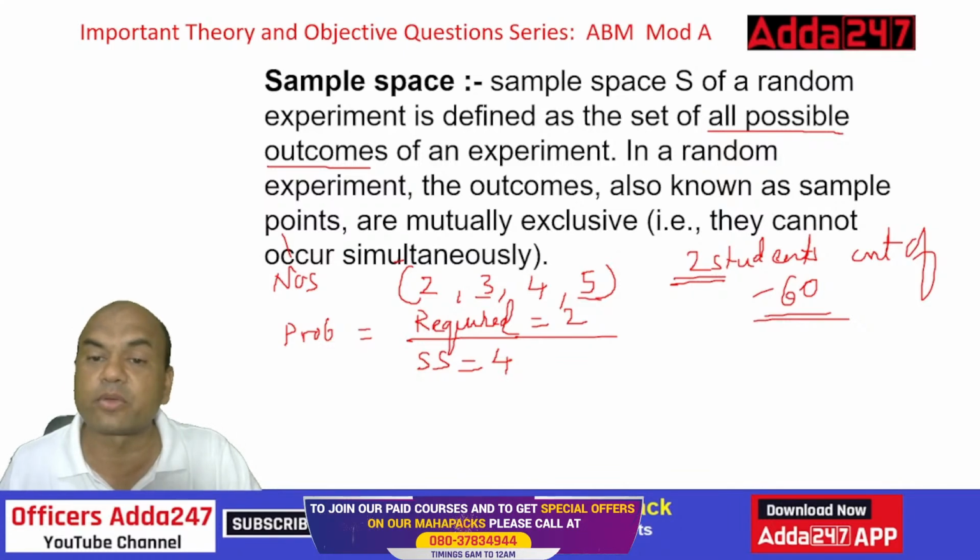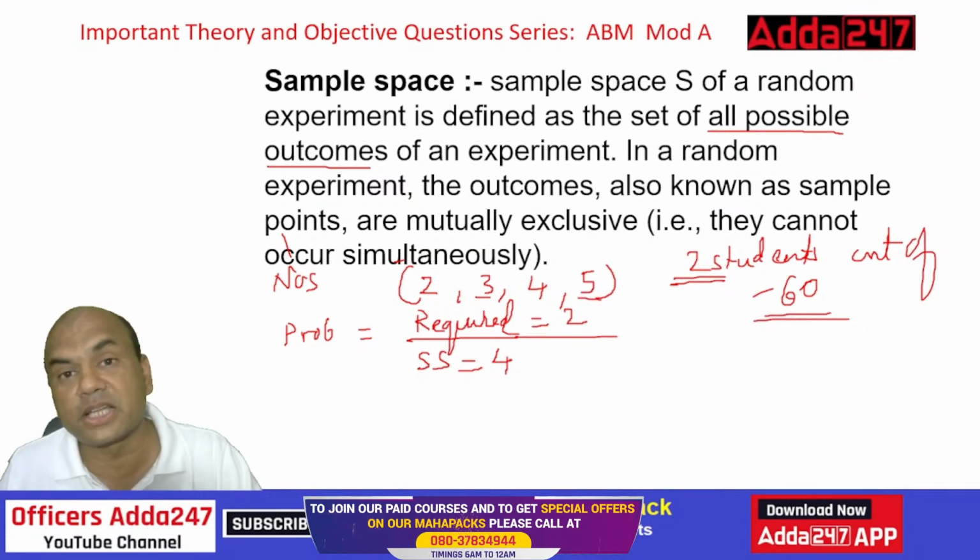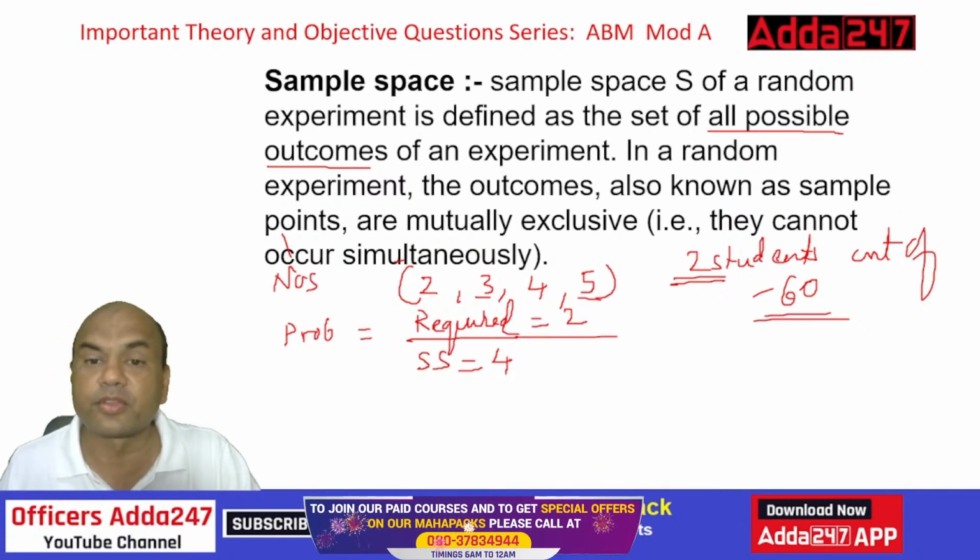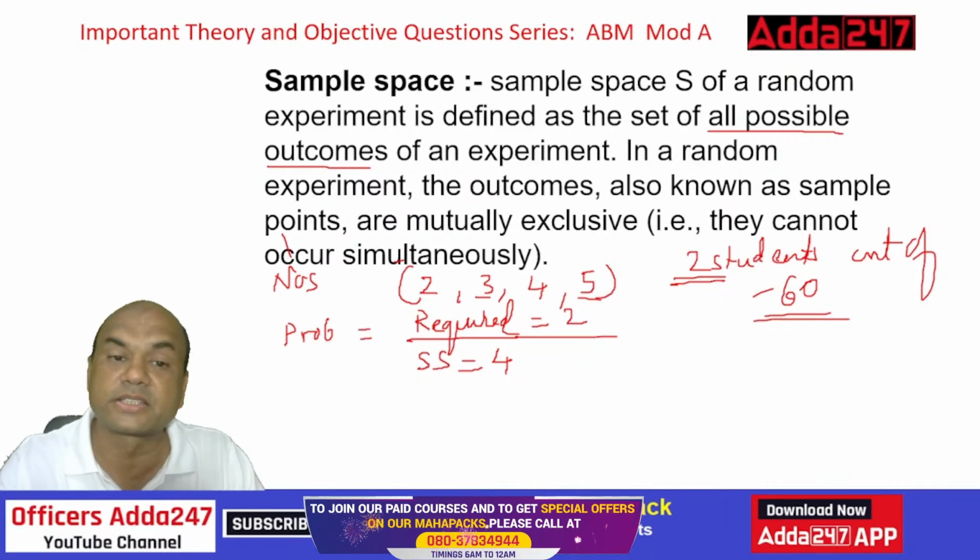Suppose I select 2 students out of 60, means any 2. Others won't be selected because I have to select only 2. That's why it's called exclusive. When one student is selected, the other cannot be selected in that case. That is known as an exclusive event.